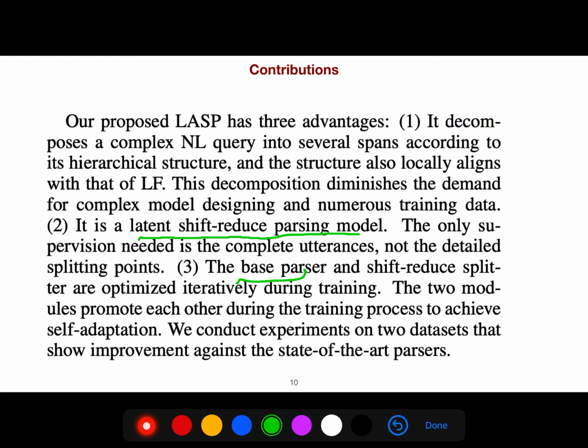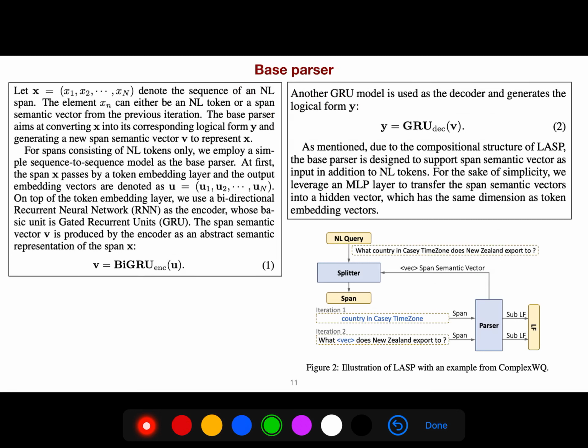It has two modules, the base parser and the splitter. As I said, the base parser could be any usual sequence to sequence model. I mean, just translate a natural language sequence to a logical form.